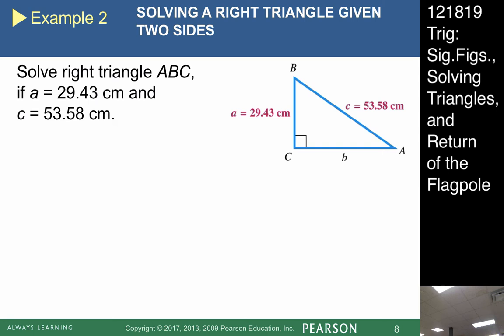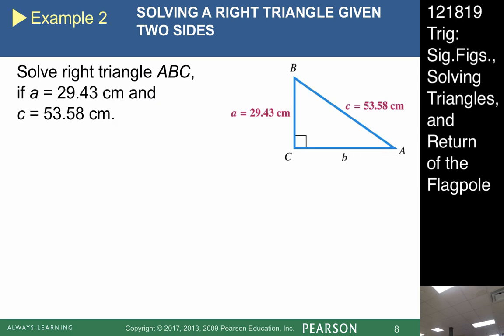Here, let me write different ways down. We just want something that involves little b, right? So we could do sine of 56.7 equals little b over 53.58.